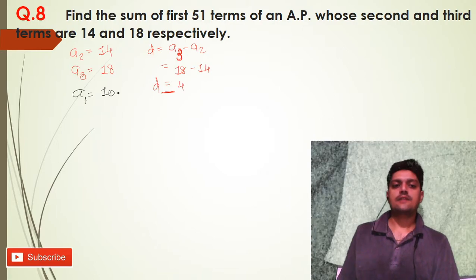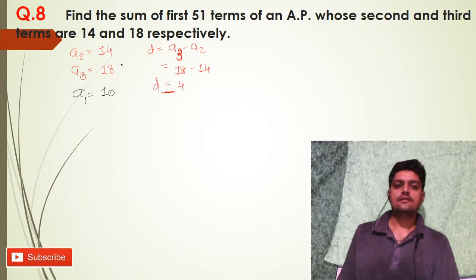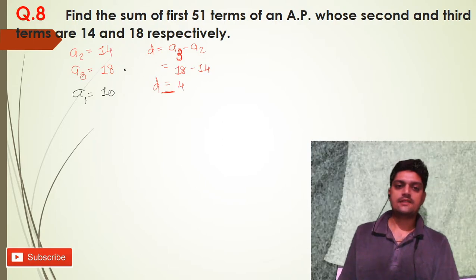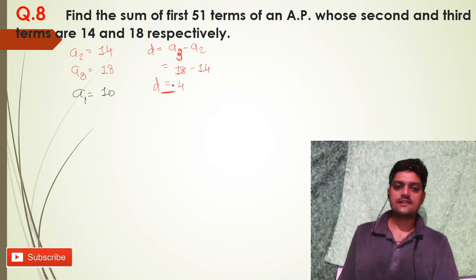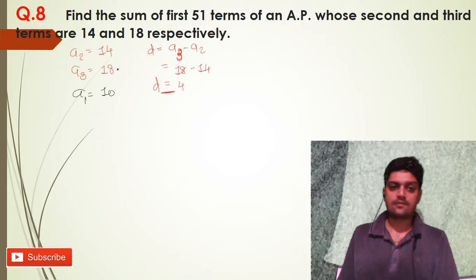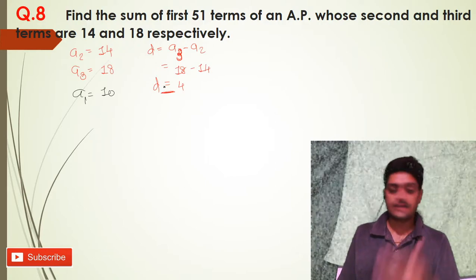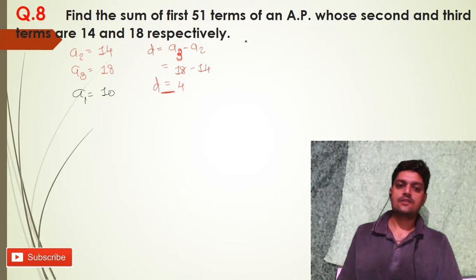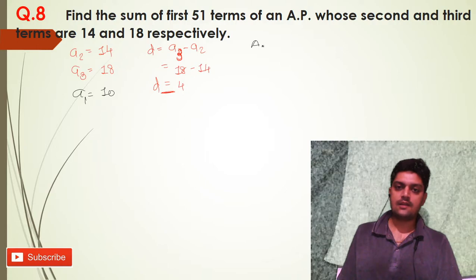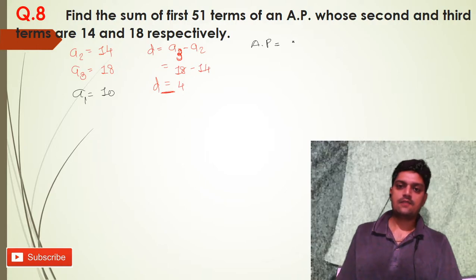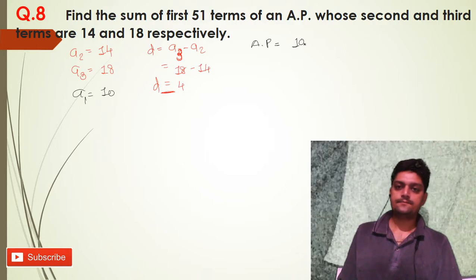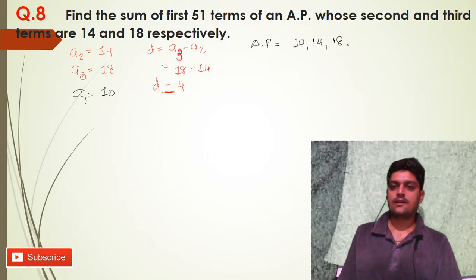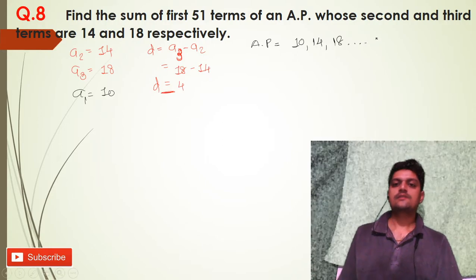See the difference, 10 and 14 difference is 4, 14 and 18 difference is again 4, and the next term, 18 plus 4, is 22. So now you have the first term, second term, third term. Now you have to write the AP. Your AP is 10, then 14, then 18, and so on.